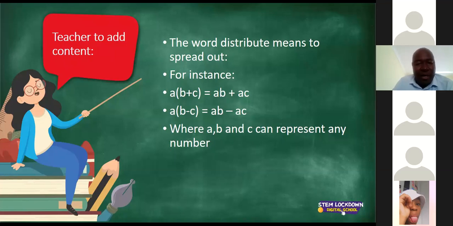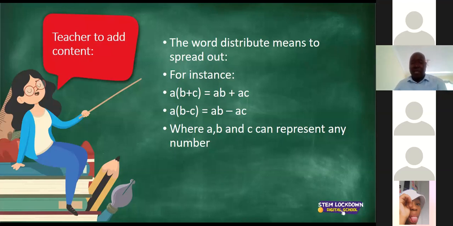And what is the first step to do there? The first step is that you need to multiply A by the first variable and thereafter bring the addition sign and multiply A by the last variable, because you've got two variables basically inside the bracket.